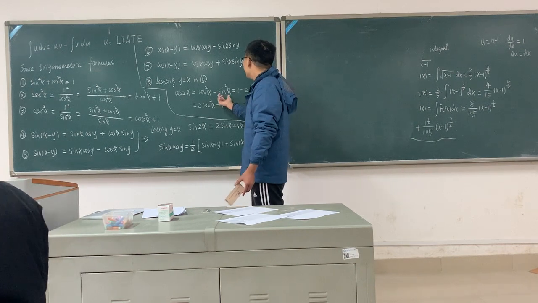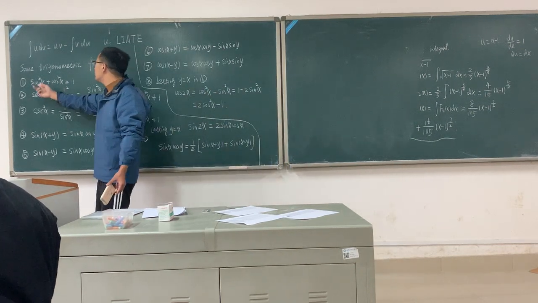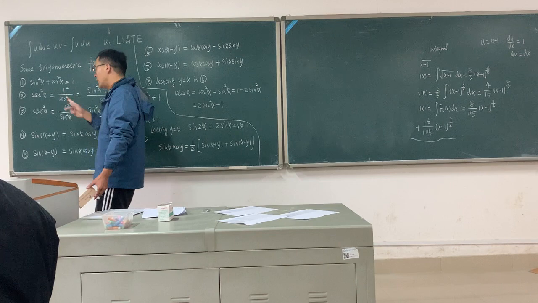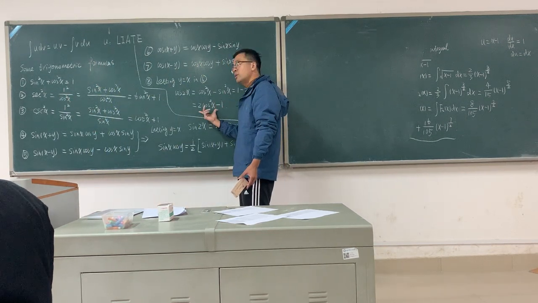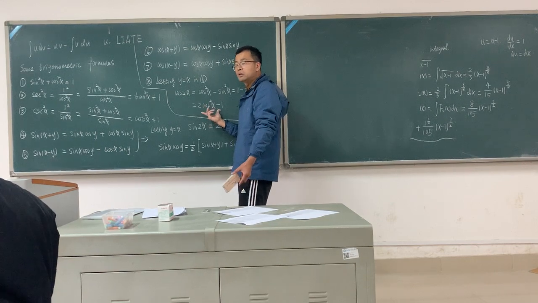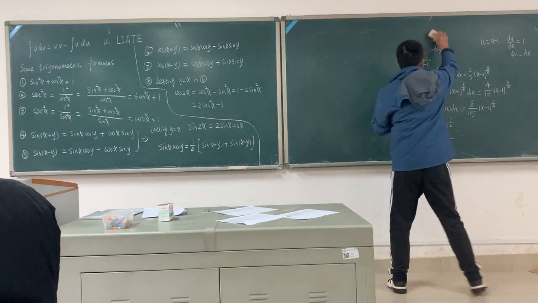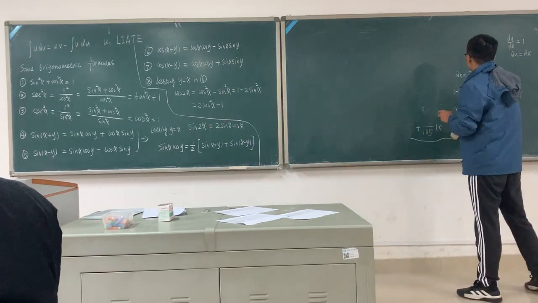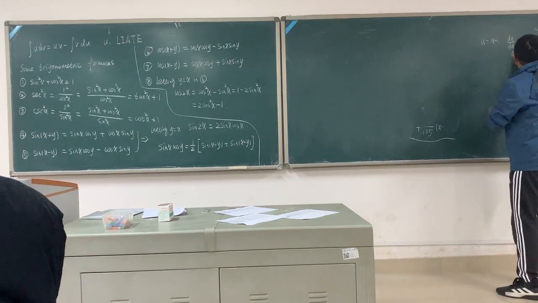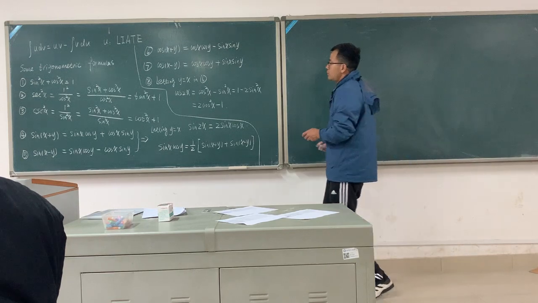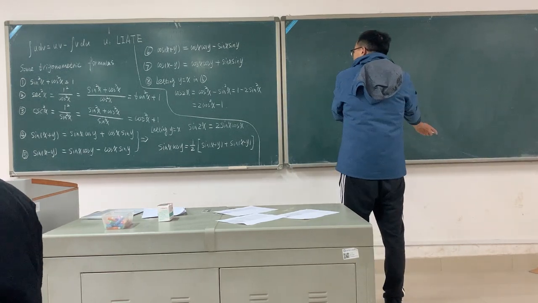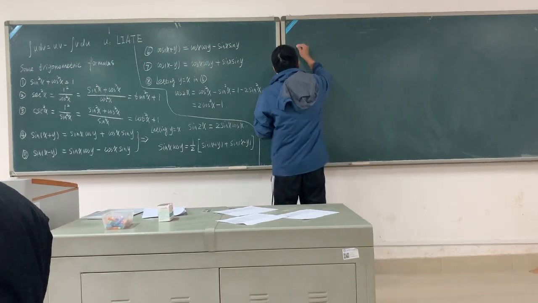Sin squared equals 1 minus cosine squared, so it equals 2 cosine squared minus 1. Here is number 8.